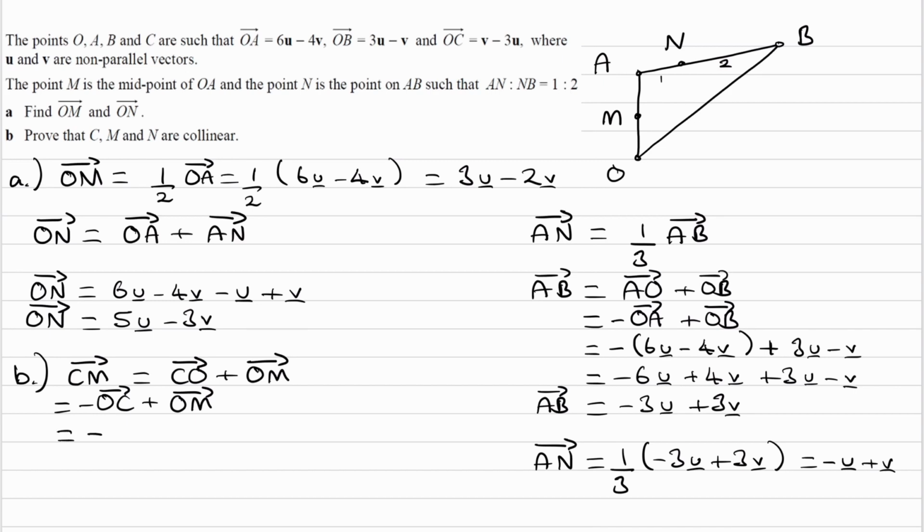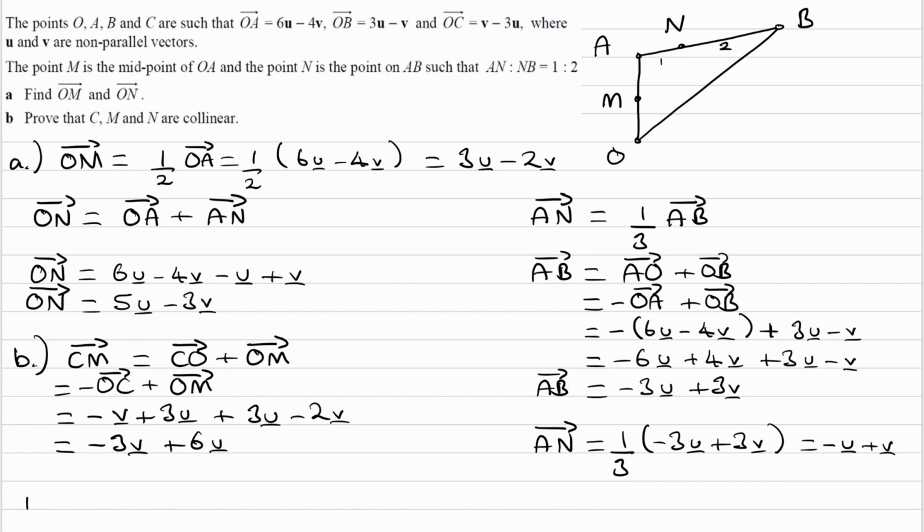This is then the negative of OC, which is negative v plus 3u, and then plus OM, which was 3u minus 2v. Then simplify this, we get minus 3v plus 6u.